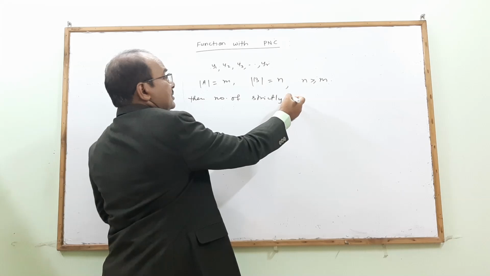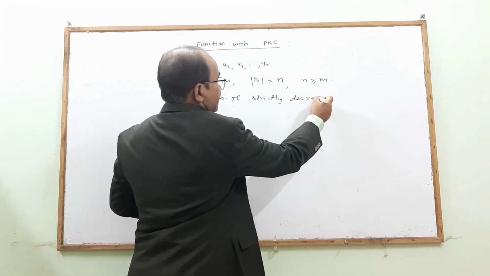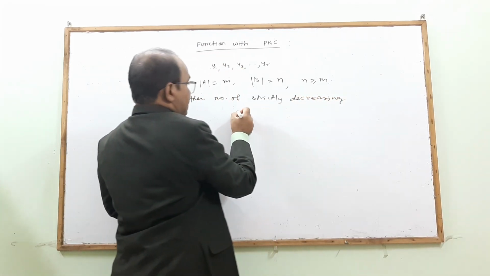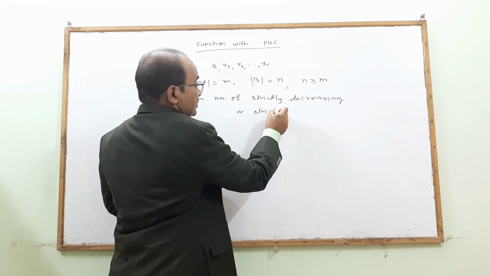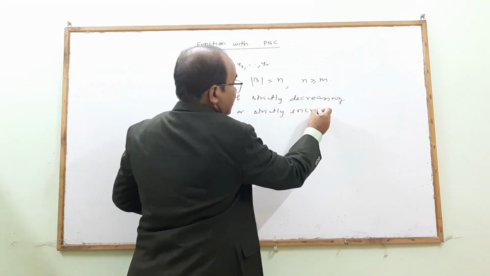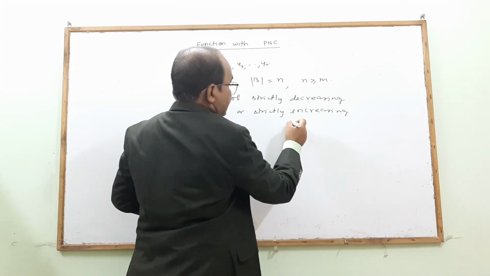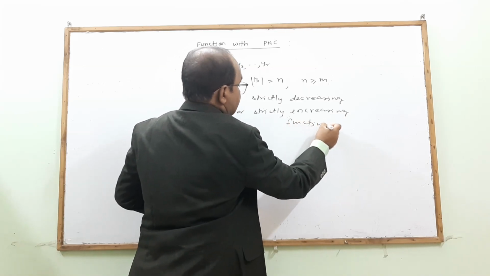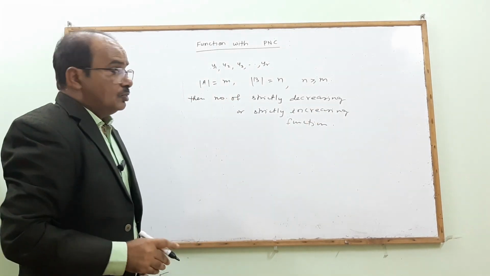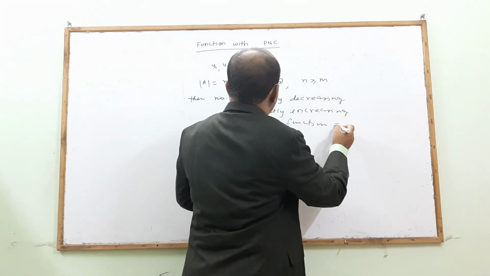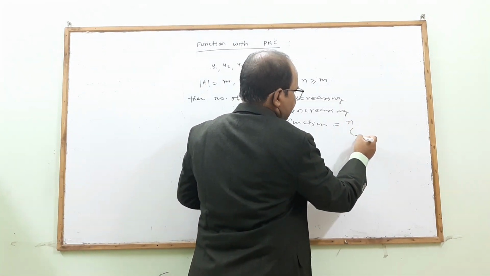strictly decreasing or strictly increasing functions, both should be equal to nCm.